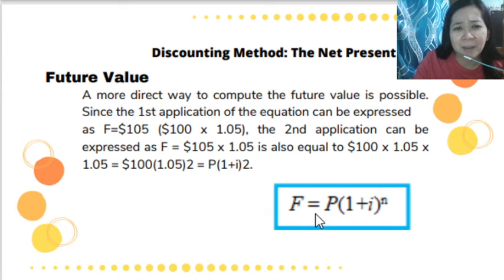But anyway, the concept is that we just add the interest that was earned in the first year and then in the second year to get the future value. You can also use this formula, or we also have a shortcut of this as we go along, especially with our present value later on.